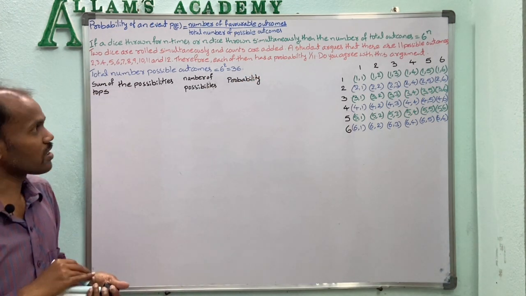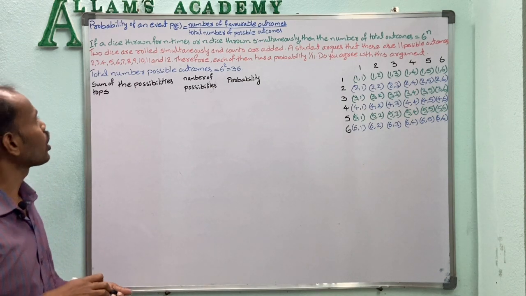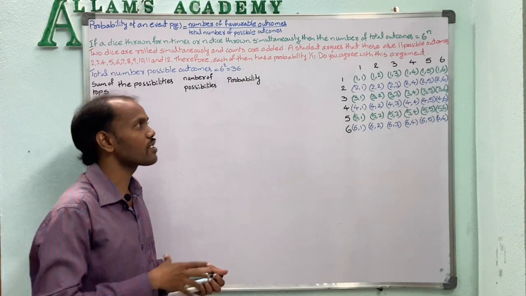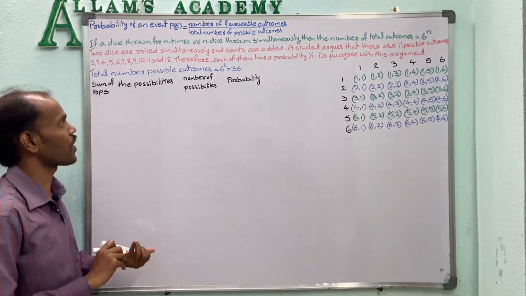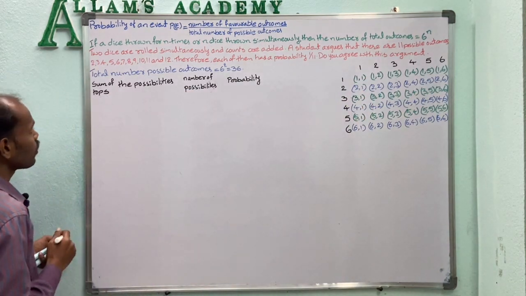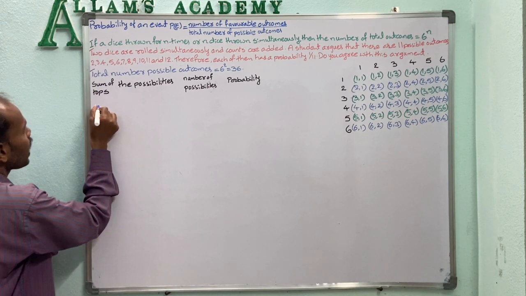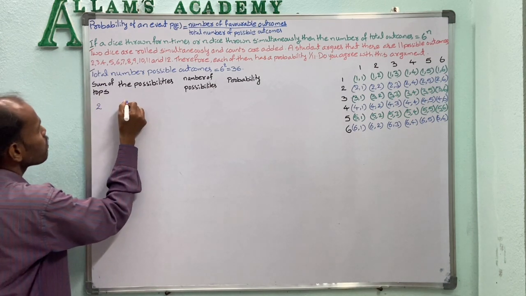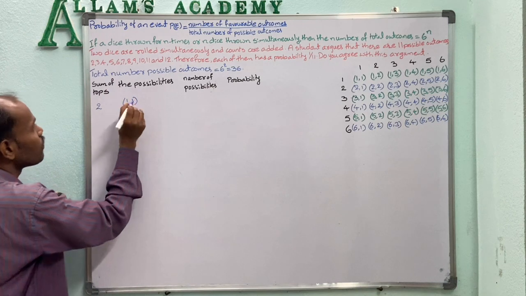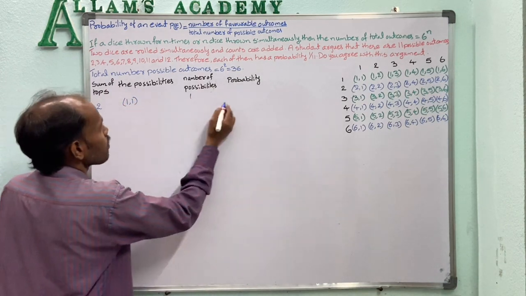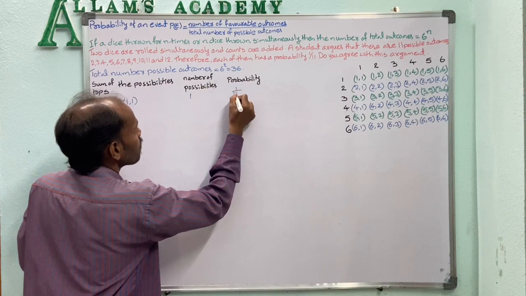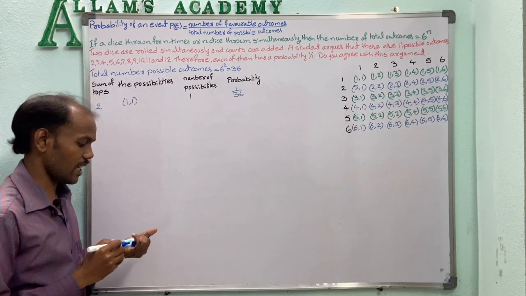First, the sum of the counts is 2, starting from 2. The possible outcome is only 1 1, so it occurs one time only. So its probability is 1 by 36.